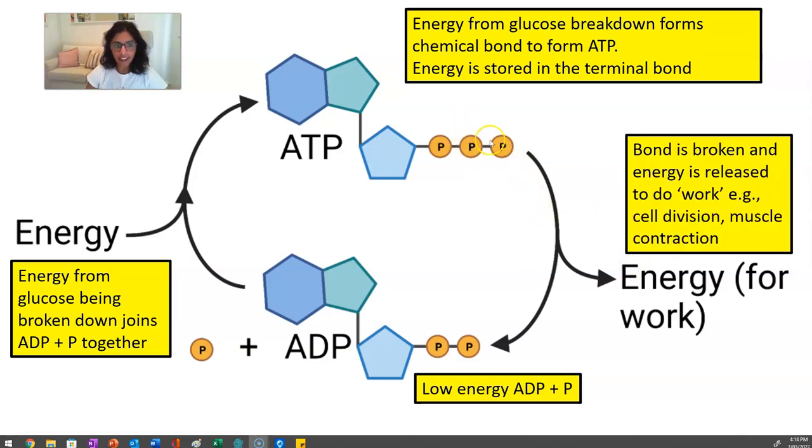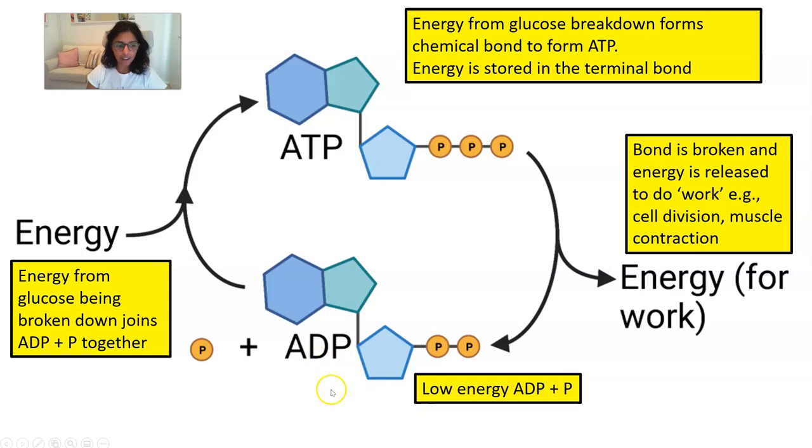When we break down ATP, let's say we want to do some sort of cellular work, such as contract muscles or grow new cells, we release that energy to do that work, and we're back down into our low energy ADP. And that's why we need to keep eating to regenerate those molecules so we can continue to do work.